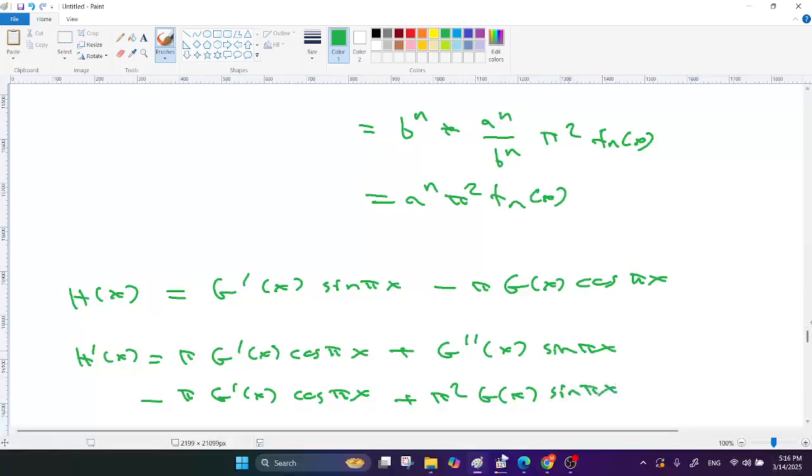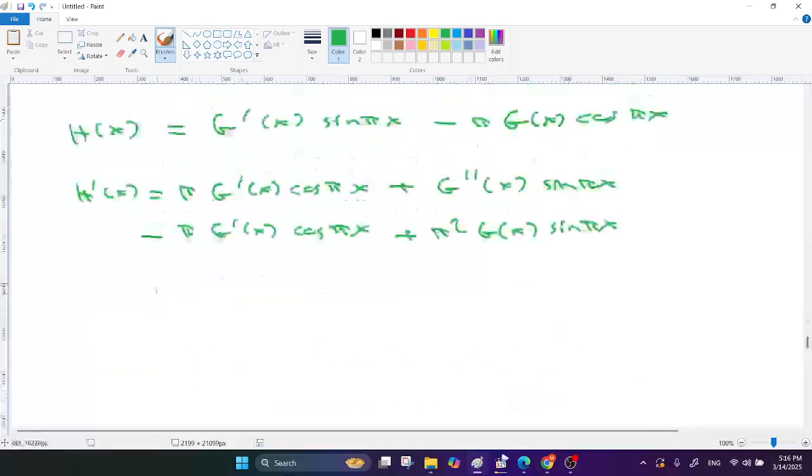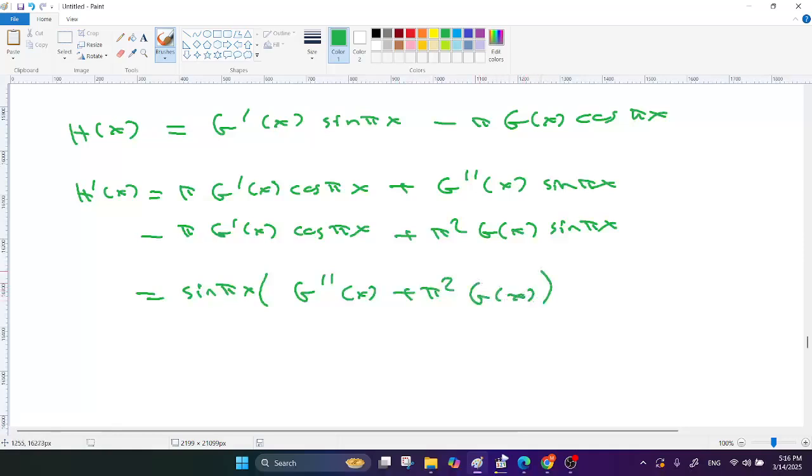Sin(πx). We have cancellations, right? These will cancel together. So we will just have sin(πx) times g''(x) plus π² g(x).